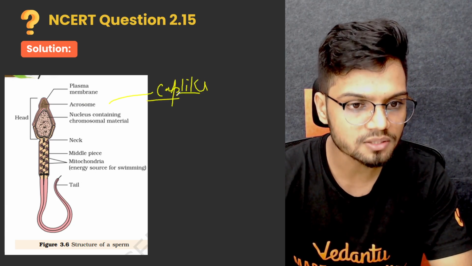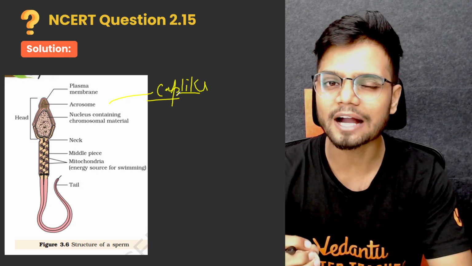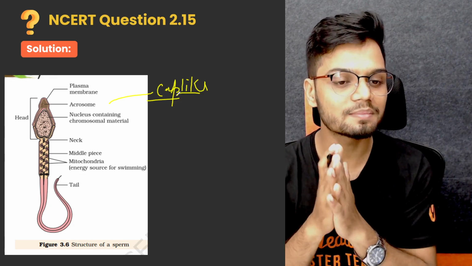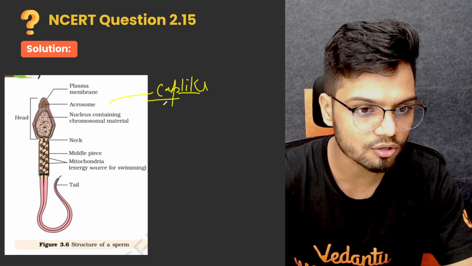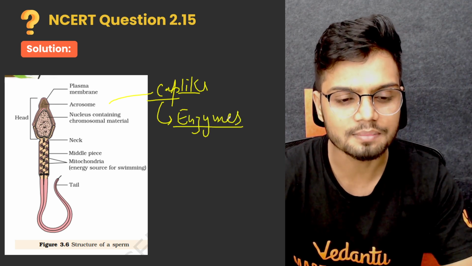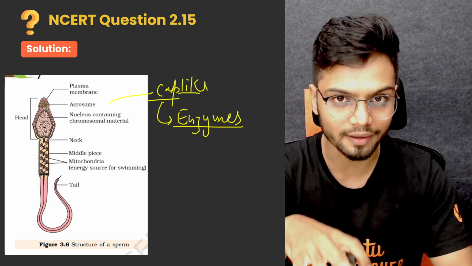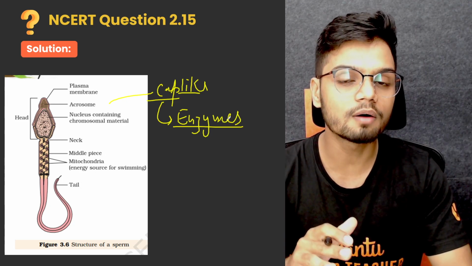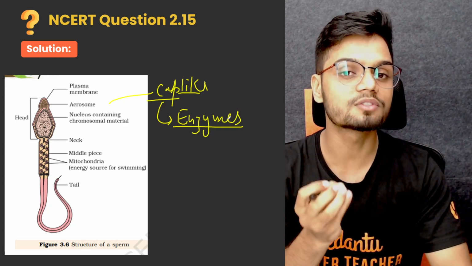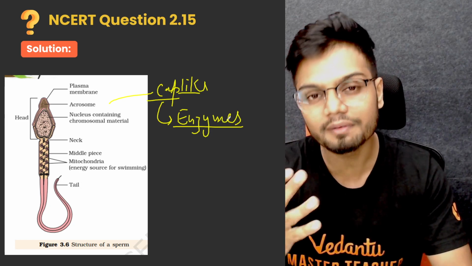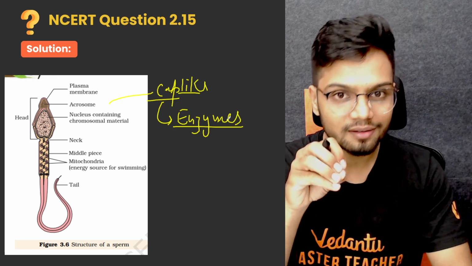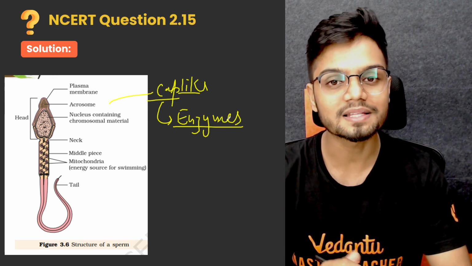This acrosome has numerous enzymes, and these enzymes help in dissolving the layer of the ovum when fertilization takes place. Once the ovum layer is dissolved, the male nucleus gets transferred and fertilization takes place.